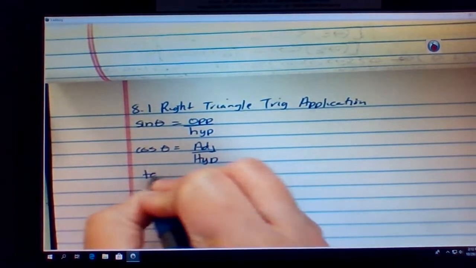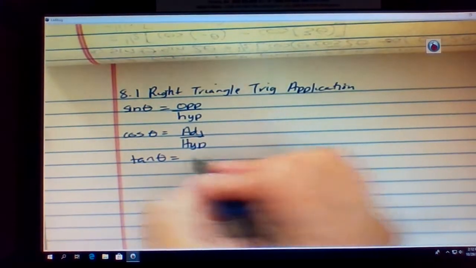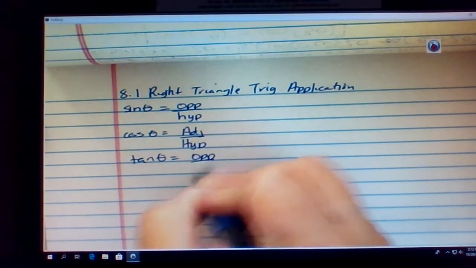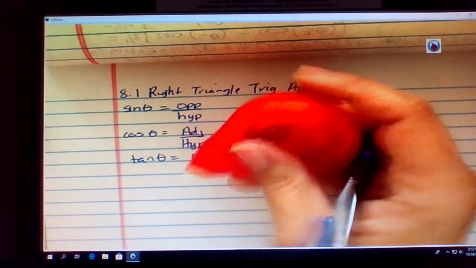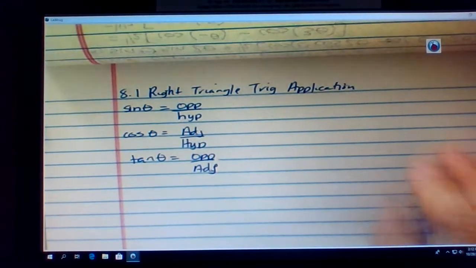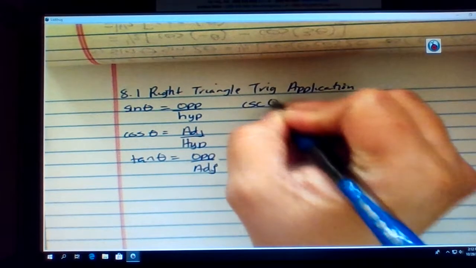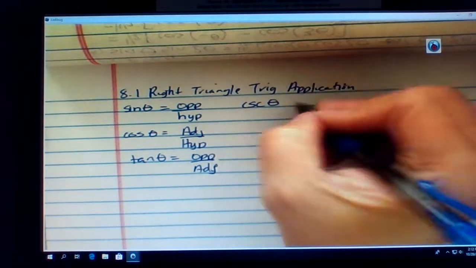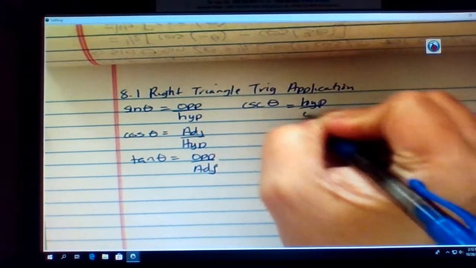When we use tangent of a specific angle, that one is opposite over adjacent. Same way, cosecant, which is the inverse of sine, would be the other way around: hypotenuse over the opposite side.